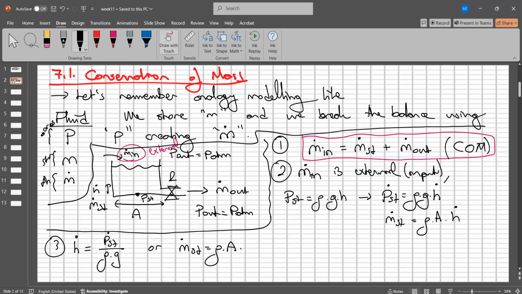Rho times A times H dot, and so we can write PST dot divided by rho times G, okay? And also we can say that this rho cancels out, and so we have A divided by G times PST dot, right? This is our first equation, okay?